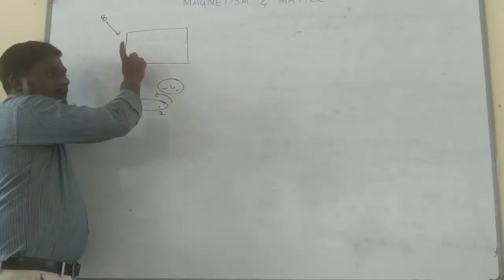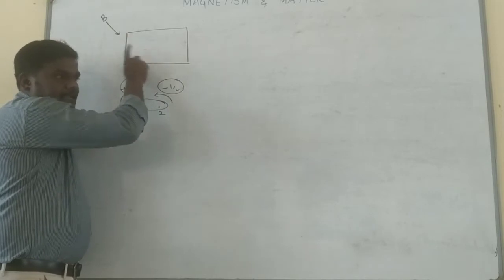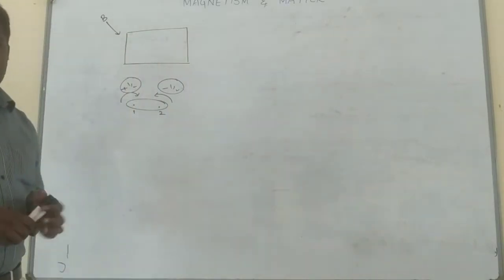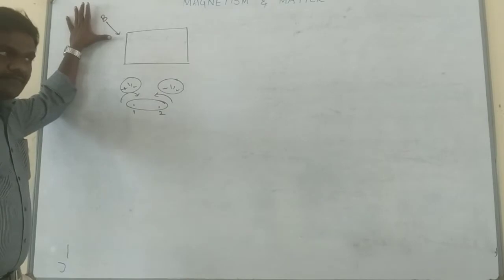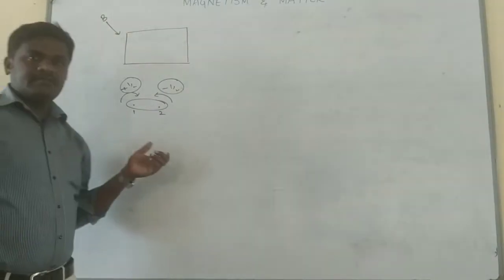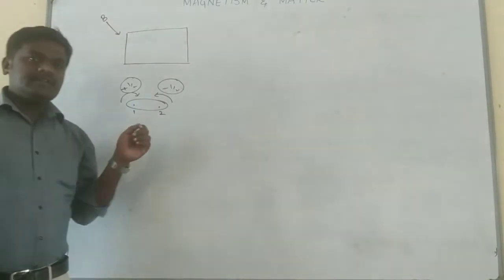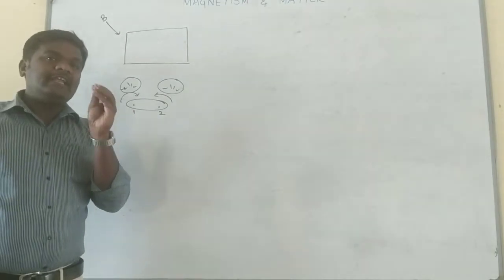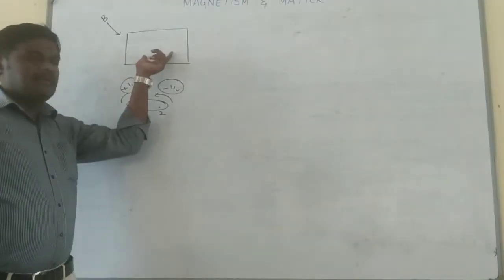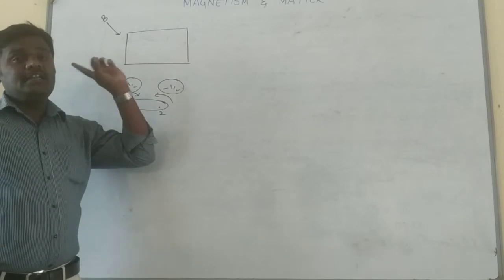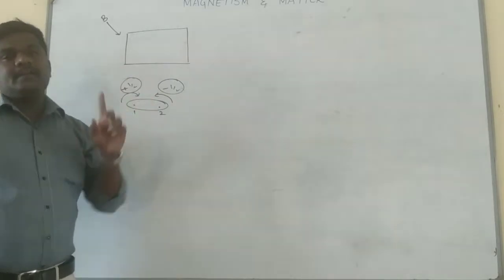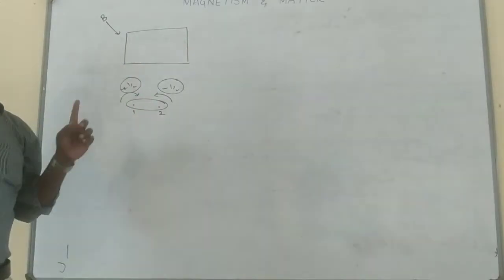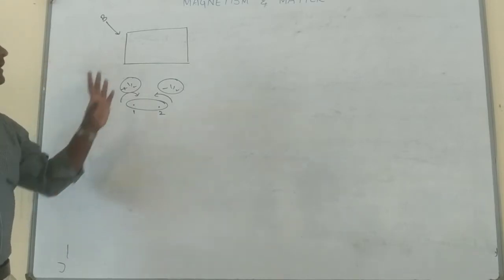I repeat once again, if you place any diamagnetic material in the presence of an external magnetic field, because of this field strength, the velocity of the electrons increases, due to which a certain magnetic dipole moment will be induced within the material. But the induced dipole moment will be in the opposite direction to the applied magnetic field.